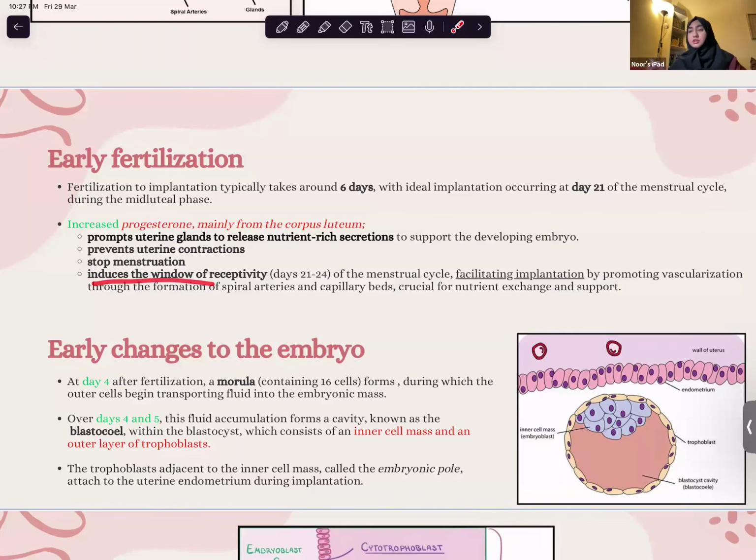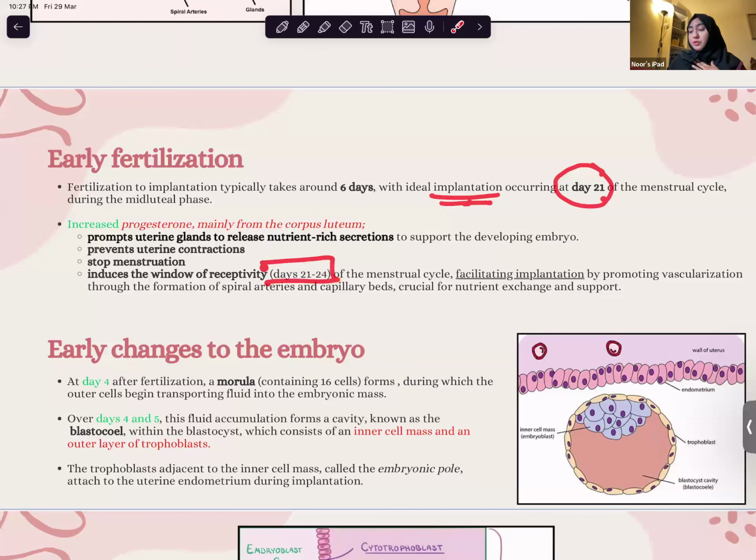Also, it induces the window of receptivity. What is the window of receptivity? It is a time period during which the endometrium is ready to have the blastocyst implanted. It happens around day 21 to 24. I told you implantation occurs around day 21, but like I said, there can be plus minuses in these dates.